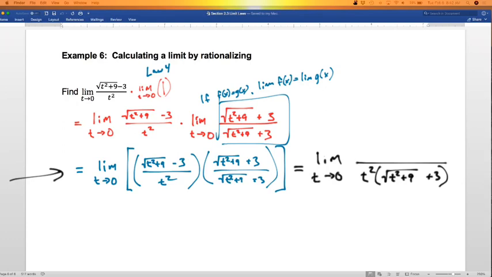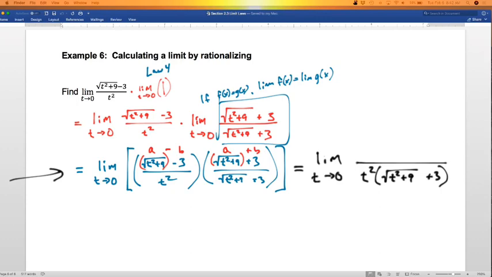Now the top is a little bit weird, but when you actually multiply it out, it's very simple. If you'll notice, if you call this piece A and this piece B, then you have a difference of squares. And so when you multiply that out, you get A squared minus B squared.